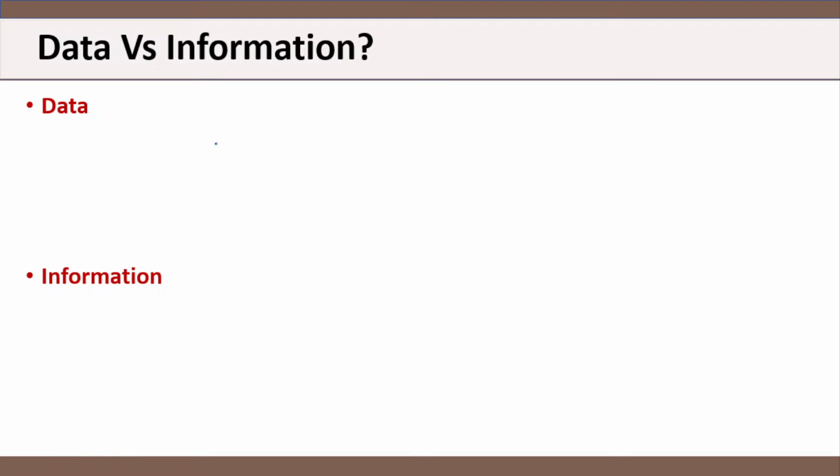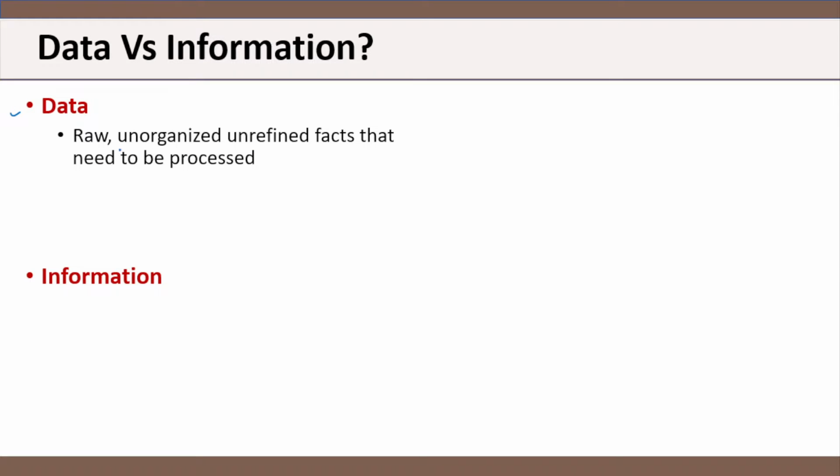So let us see what is data first. So data are raw, unorganized, unrefined facts that need to be processed. So typically, data includes individual numbers, symbols, characters, words, or even codes.